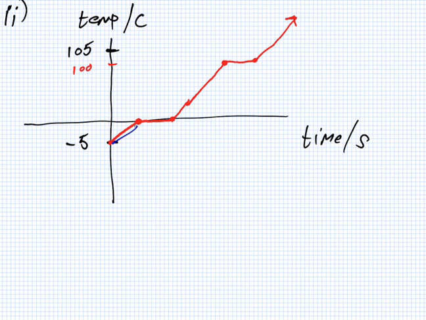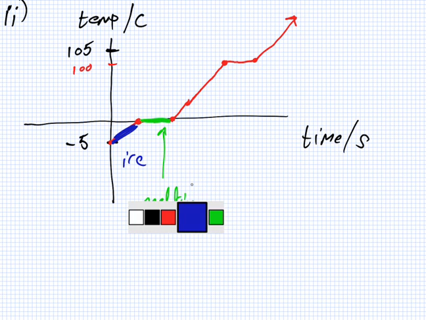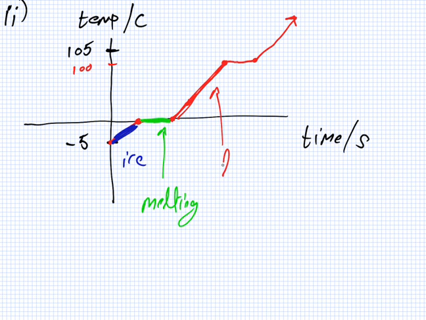So this blue piece here, this is when it's ice. And then this green piece here, what's happening? Yeah, it's changing. So that's like when it's melting. And then this red piece here, this is when it's a liquid.